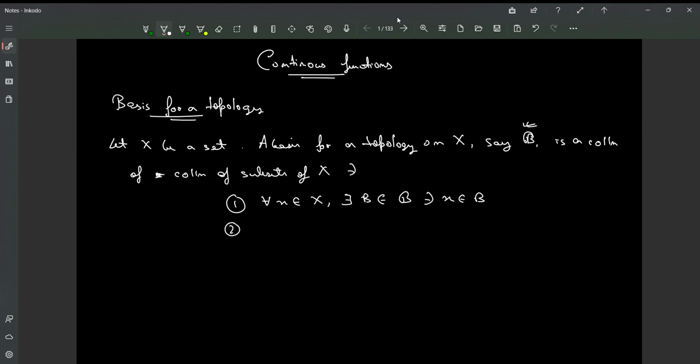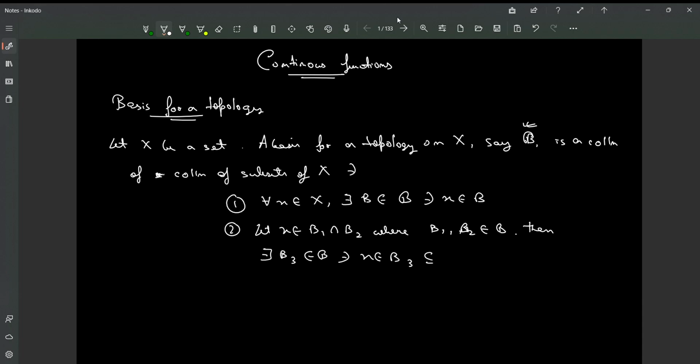And number two is that if you choose any element from the intersection of two basis elements, let x be in B1 intersection B2, where B1 and B2 are both basis elements, then you will get a third basis element B3, a subset of X, such that x is inside B3 and B3 is completely contained inside B1 intersection B2.